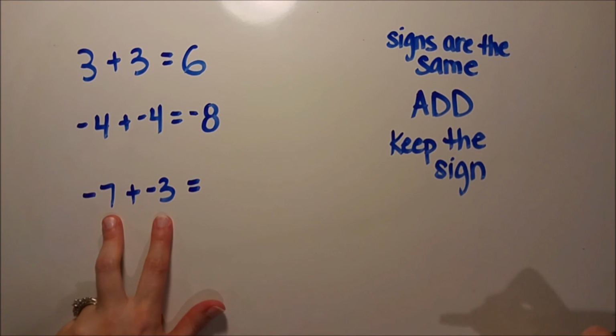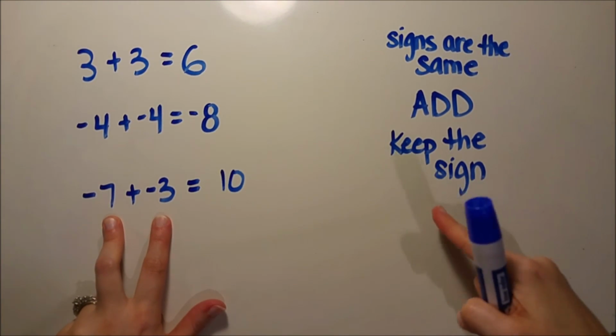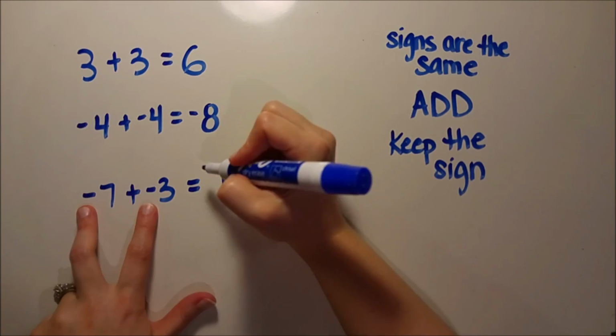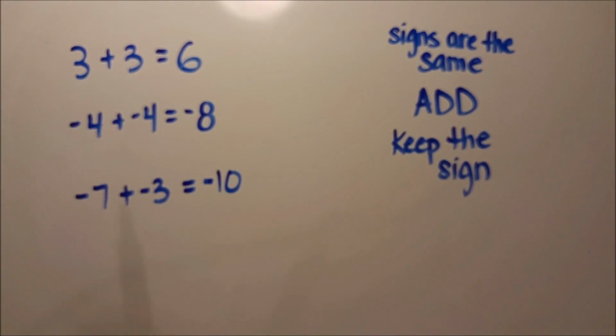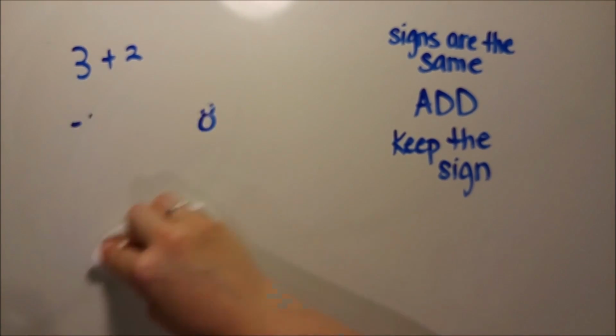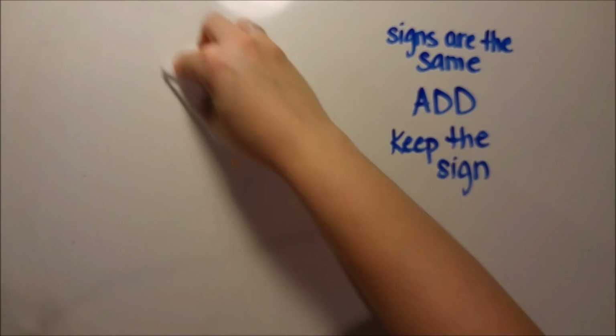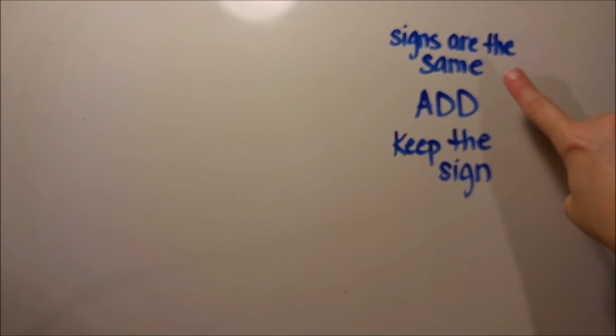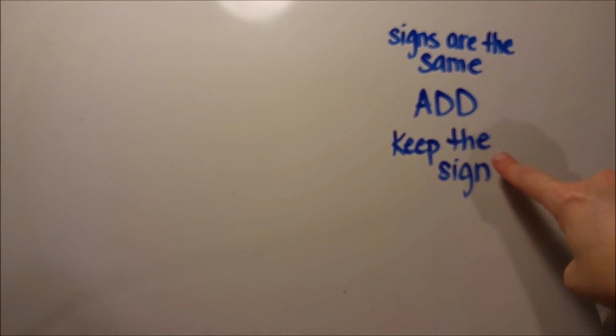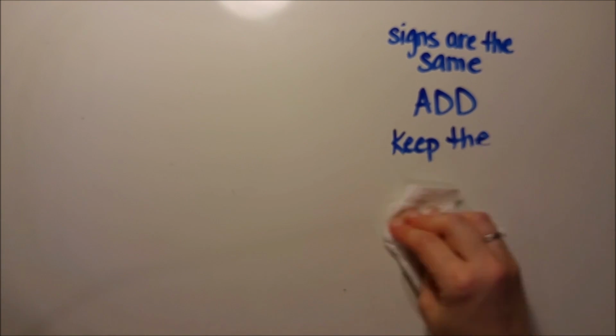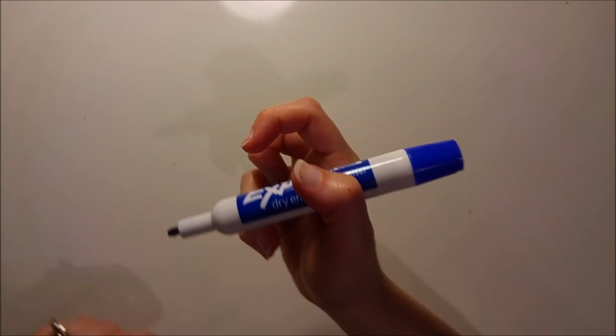Add 7 and 3 is 10. Keep the sign. Okay? So if the signs are the same, you add those two numbers and you keep whatever the sign was, positive or negative. Okay, but what if they're not the same?